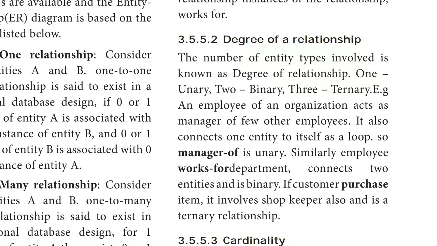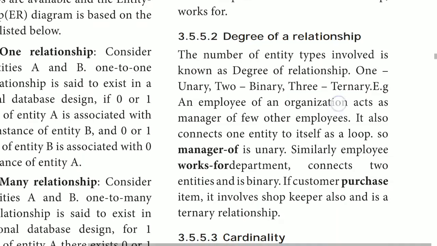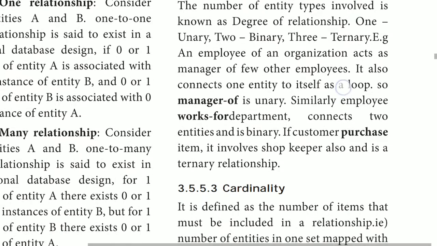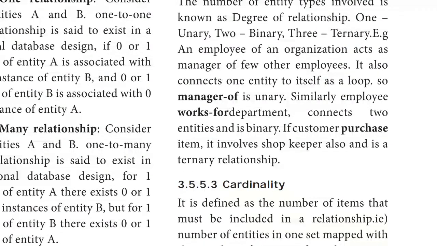So manager of is unary. Employee works for department connects two entities, which is binary. If a customer purchases an item, it involves the shopkeeper also, and that is a ternary relationship.